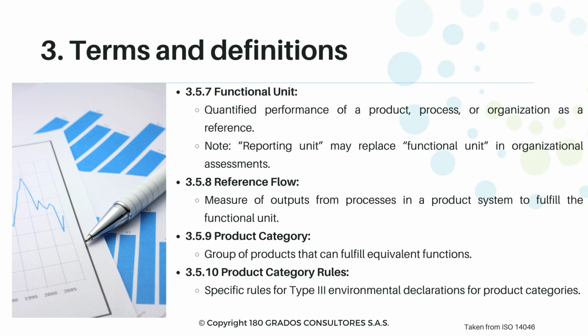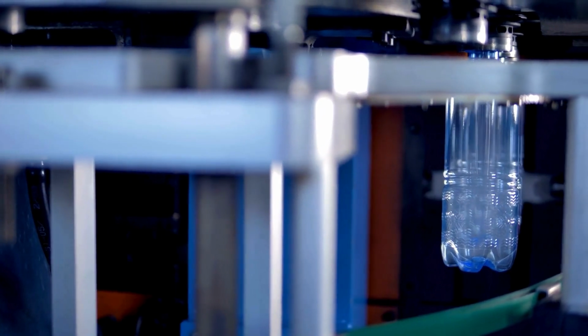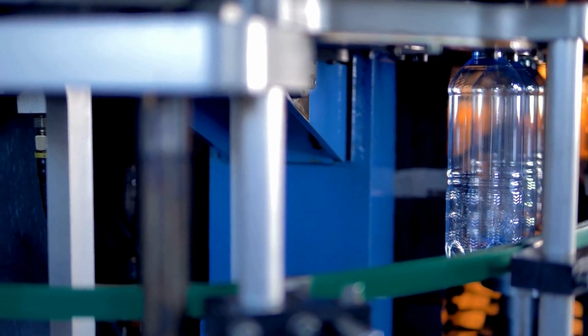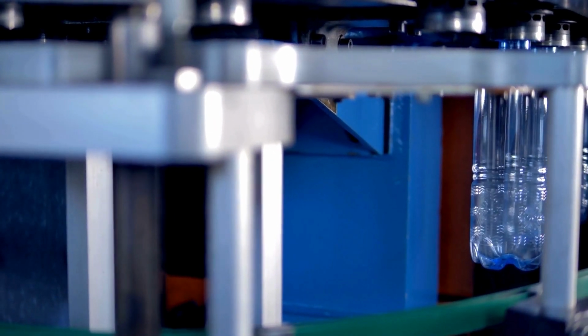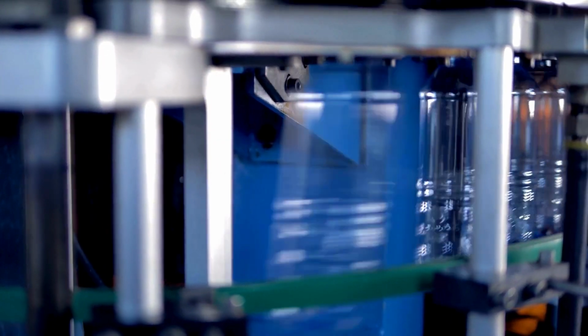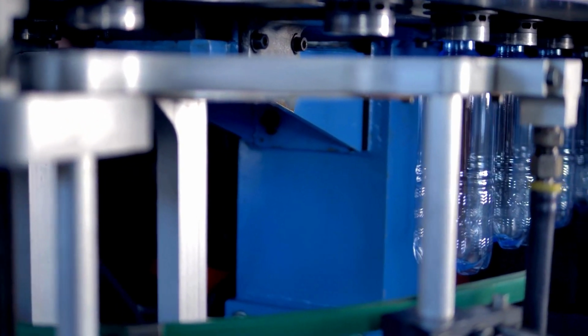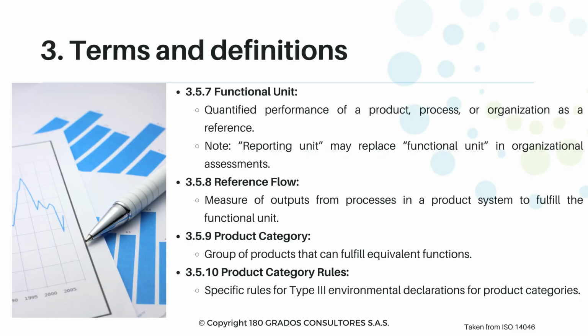For instance, for a water bottle, the functional unit may be to provide 500 milliliters of drinkable water. In organizational assessments, this term can be replaced with reporting unit. That is a good example to understand this concept.